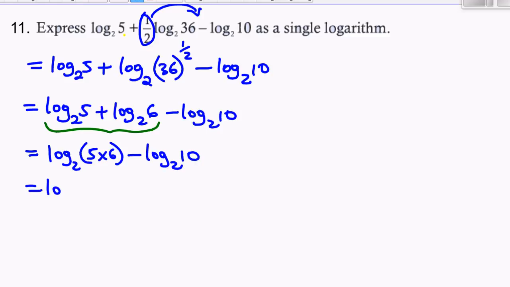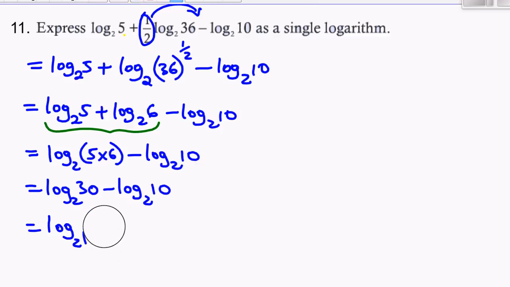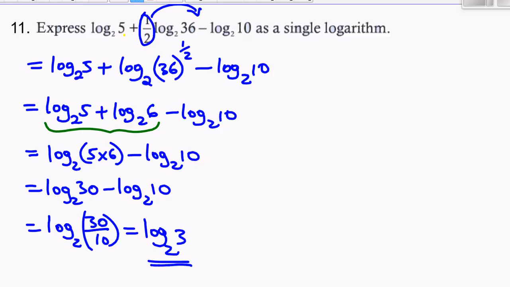That will give us log to base 2 of 30 minus log to base 2 of 10. And when you divide, you can use the quotient rule of logarithm to have log to base 2 of 30 divided by 10. 30 divided by 10 to end up with log to base 2 of 3. That will be your final answer.